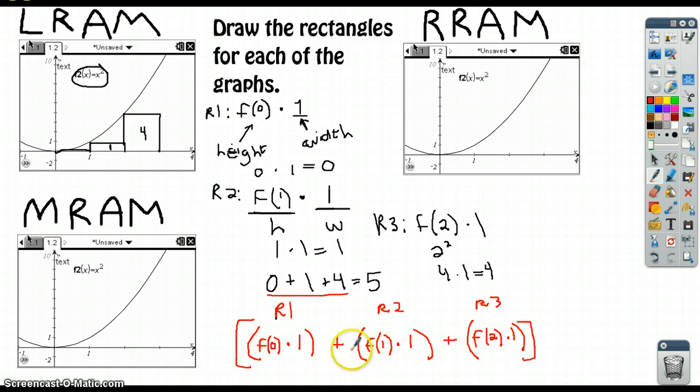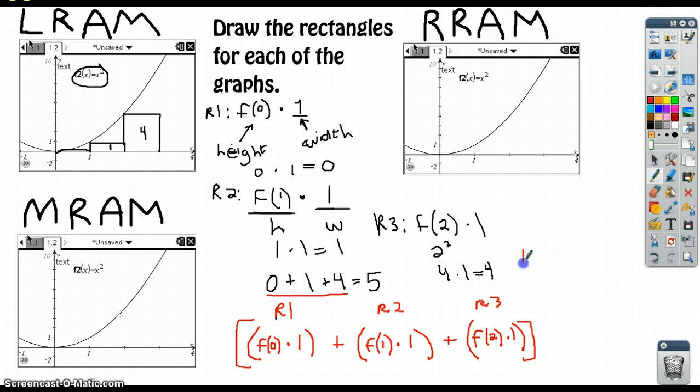Notice we have a common width in there, right? So we could sort of extract that 1. It's not going to make much of a difference here. But when you have a common rectangle width, let's say you use 6 rectangles, so each rectangle width would be 1/2. Well, instead of multiplying everything by that rectangle width, notice we could just factor out that 1.